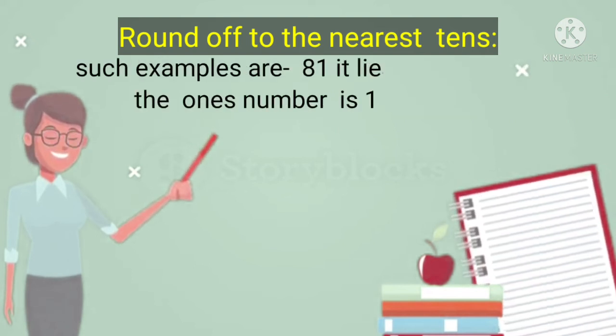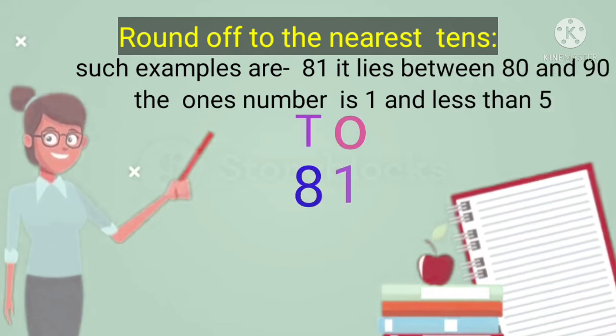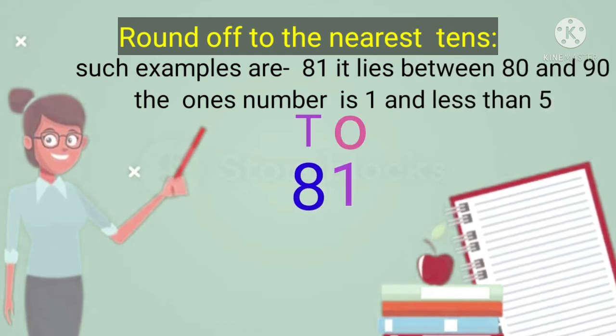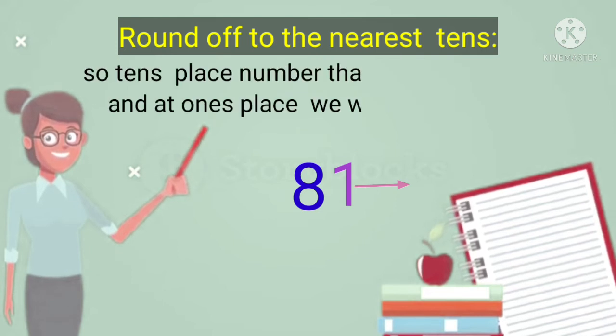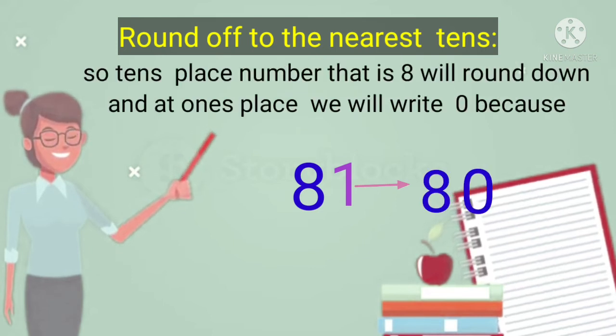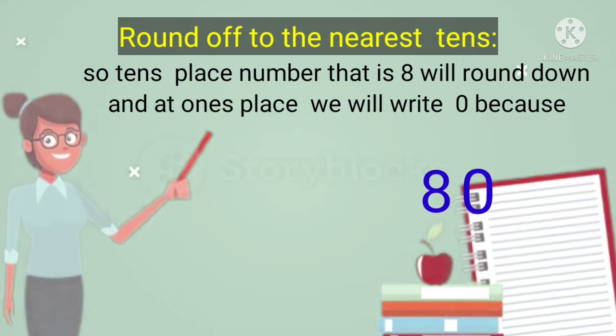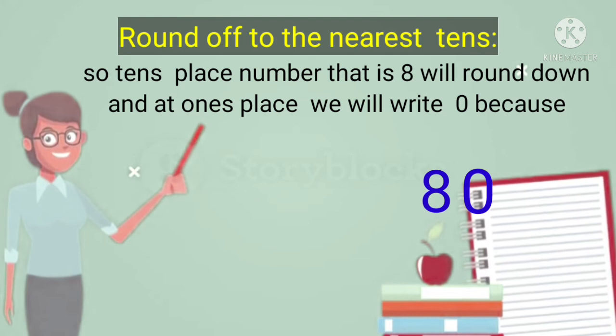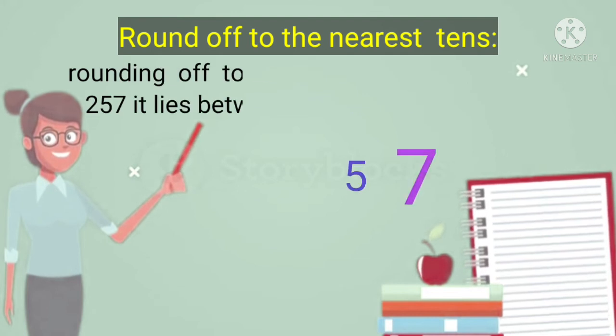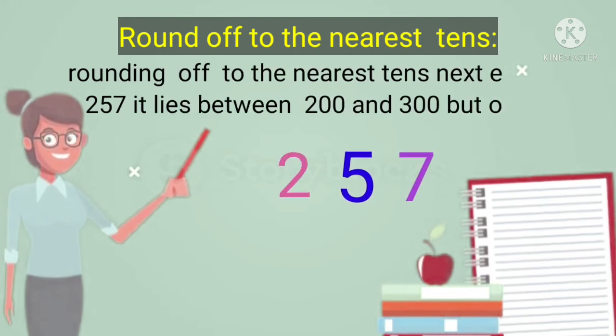Such examples are 81. It lies between 80 and 90. The ones number is 1, which is less than 5. So the tens place number, that is 8, will round down, and at the ones place we will write 0, because we are rounding off to the nearest tens.